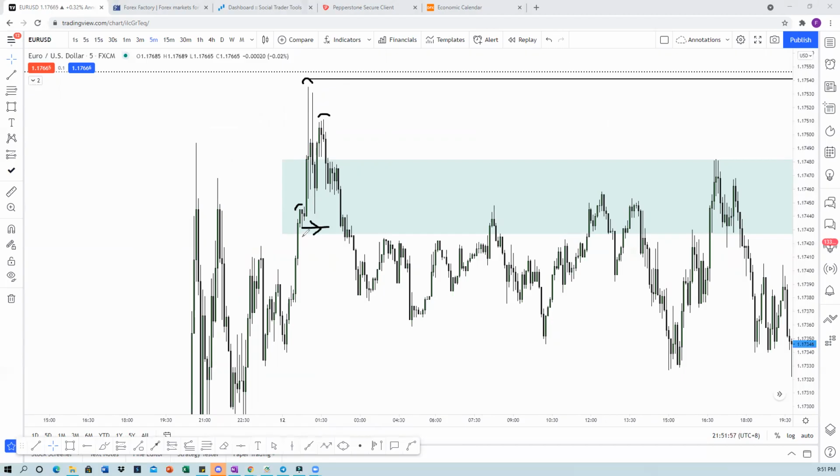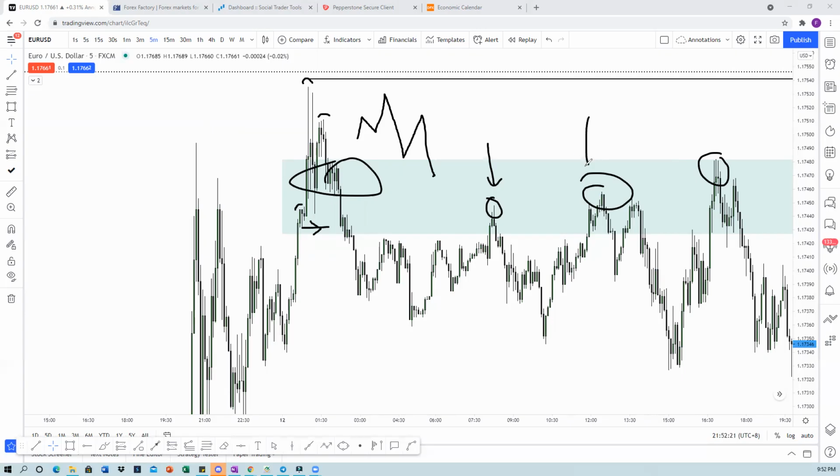So once we broke here, we have that, right? So this indicates that when price comes back over here, it's going to create another range. It did it over here, it did it over here, it did it over here, and that's pretty much it, right? So we had range creation here, range creation here, range creation here.